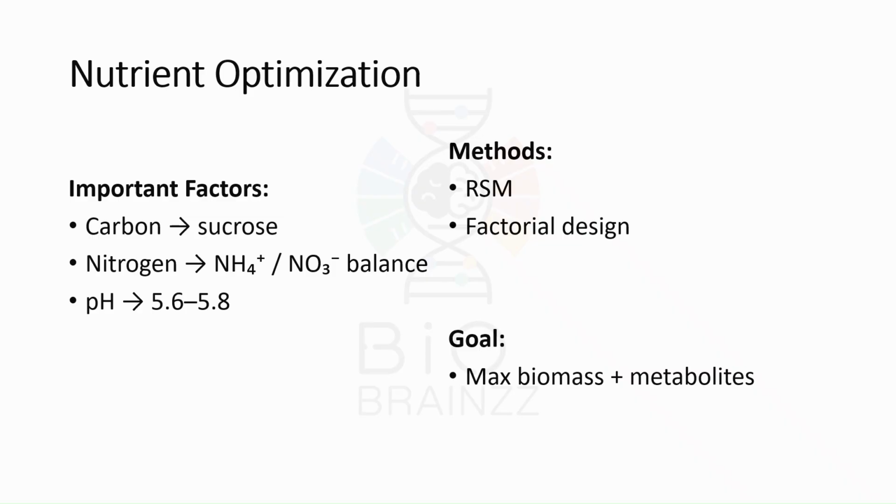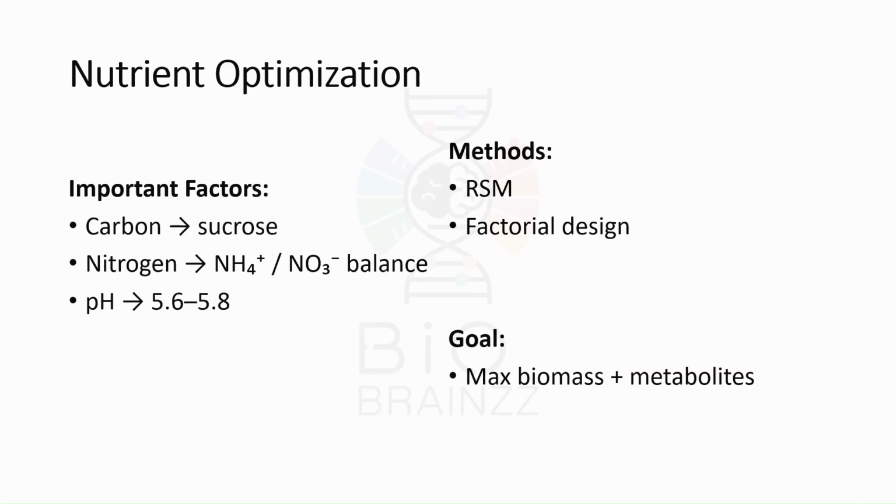Nutrient optimization means adjusting the culture medium in such a way that plant cells grow well and produce maximum metabolites. The most important factors are carbon source, nitrogen source, and pH. Usually, sucrose is used as the carbon source, and a balance of ammonium and nitrate is required for proper growth.